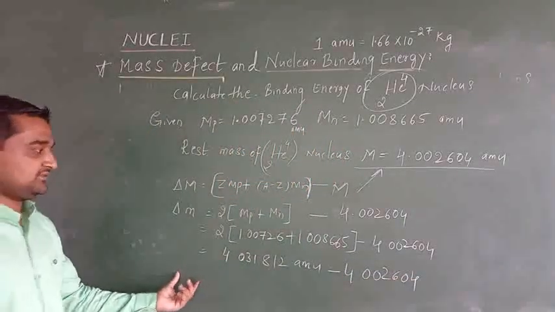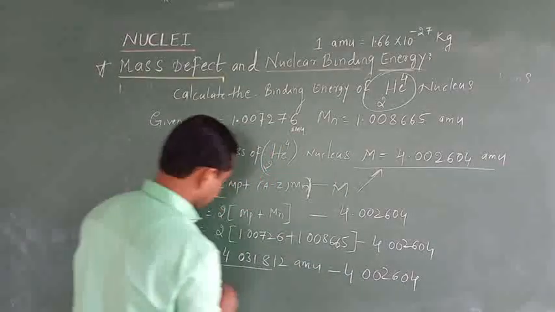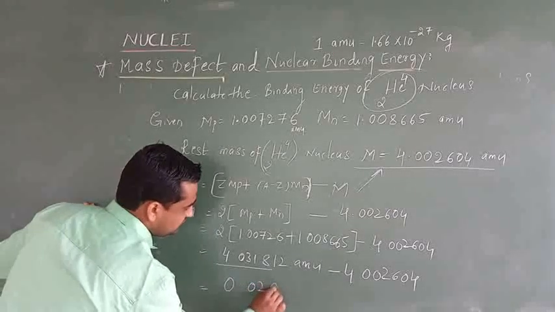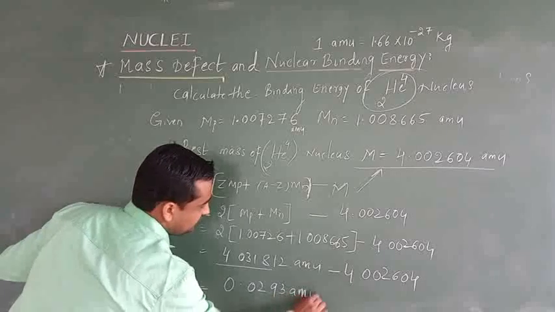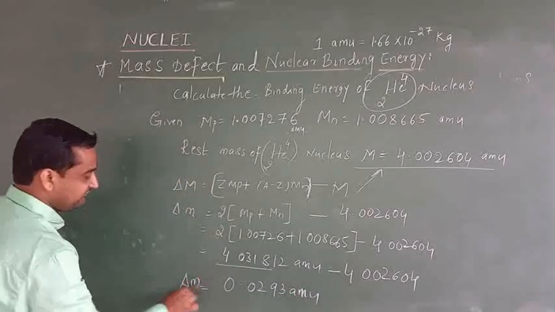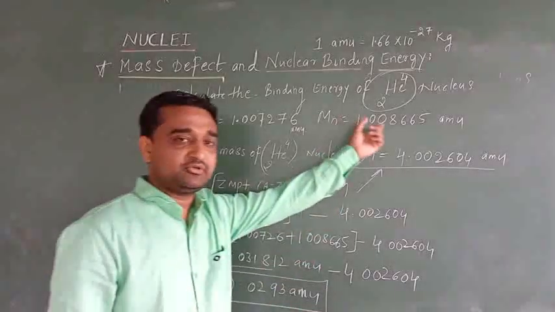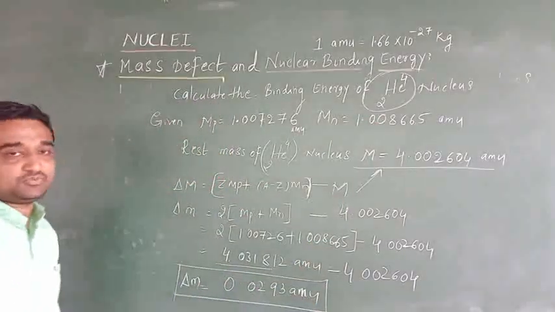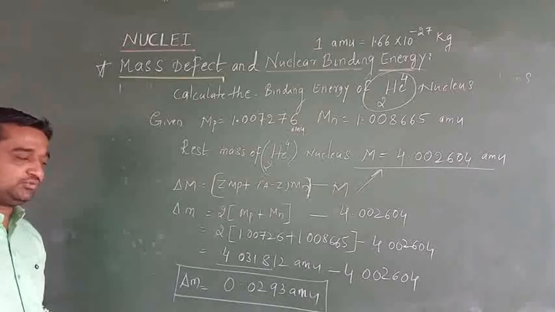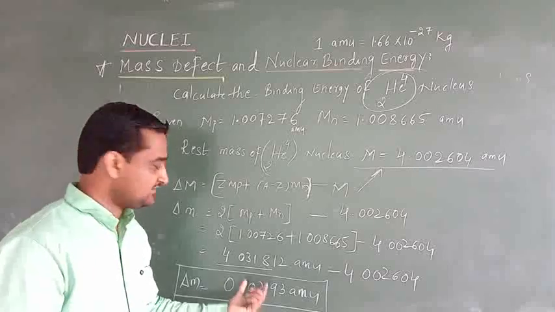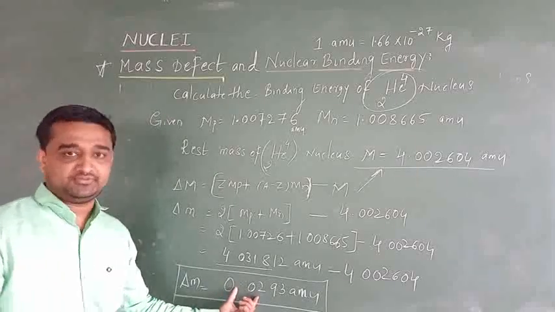So the difference: this term is bigger than this one, so we will get a positive value here, which in terms of amu is equal to 0.0293 amu. So this is the mass defect during the formation of the helium nucleus from its constituent nucleons, that is, 2 protons and 2 neutrons. So the mass is lost here, right? Some mass is lost here, right?